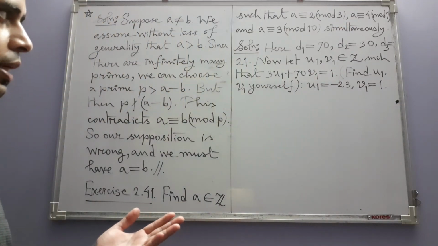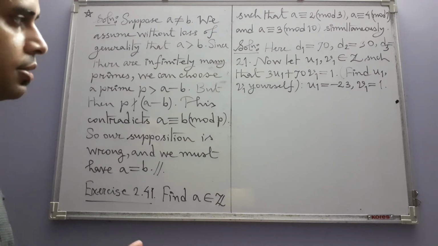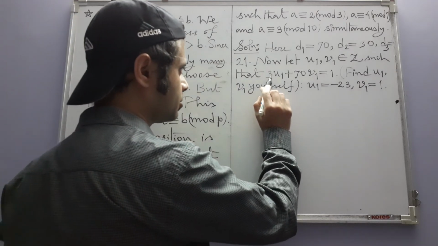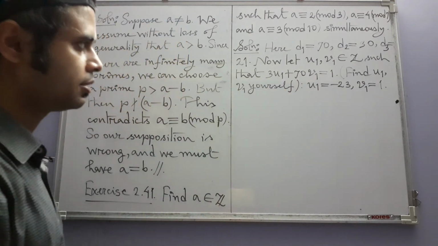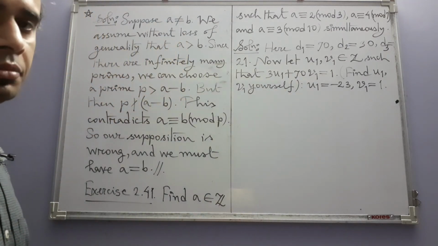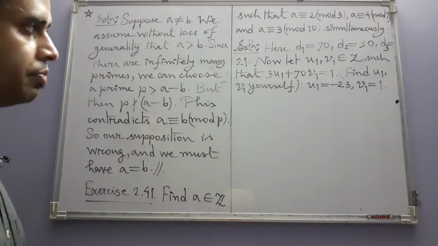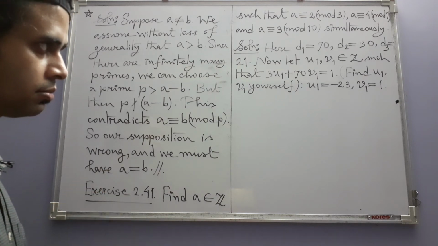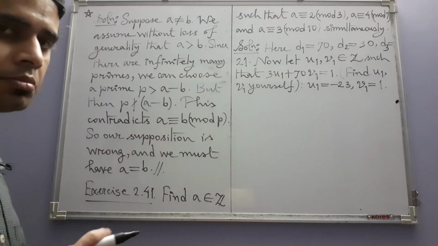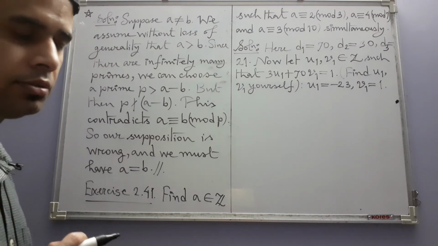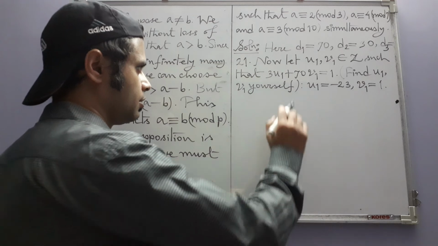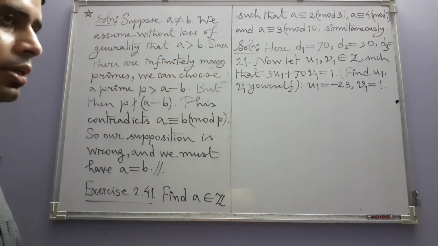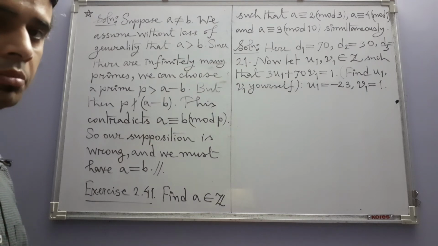If you cannot figure out how to find u1 and nu1, just keep in mind that the greatest common divisor of 3 and 70 is 1. So you follow the Euclidean algorithm for finding the GCD of two given integers. You first divide 70 by 3, you get some remainder.